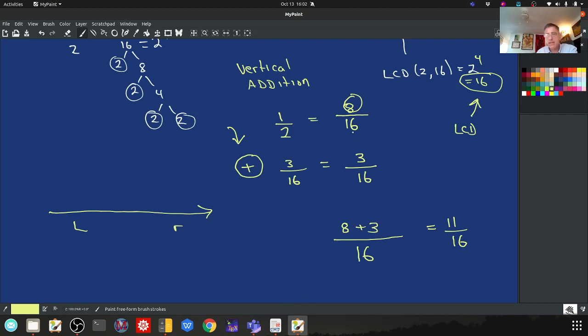That's exactly what I did here. This is my LCD, and this is my first denominator. My LCD divided by my first denominator is 8. So my k1 value would be 8, and then I'm multiplying 8 times my numerator there. Here 16 divided by 16 is my k2 value, which is 1.